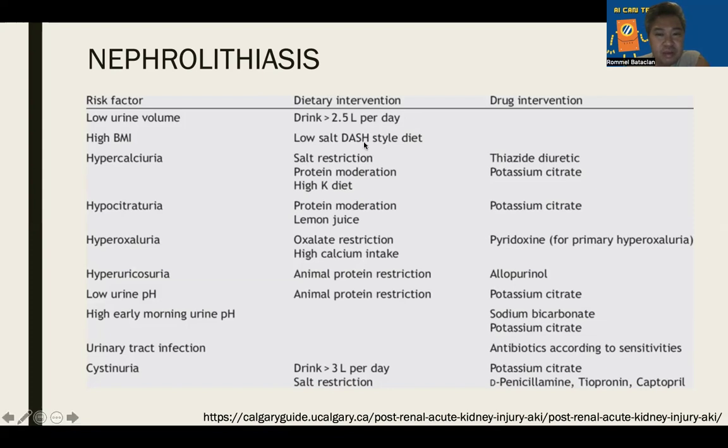So that would allow increase in urine volume, avoiding further growth of the kidney stone, and at the same time, the possibility of dissolving the stone in the kidney.